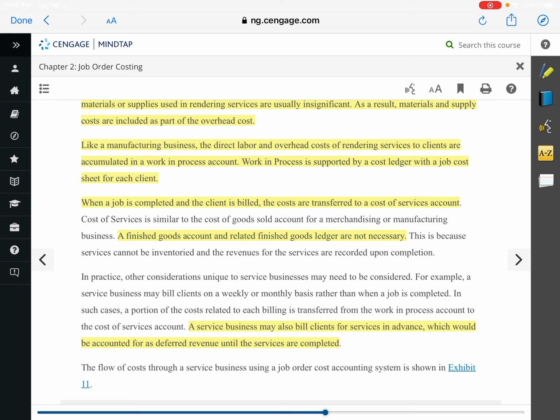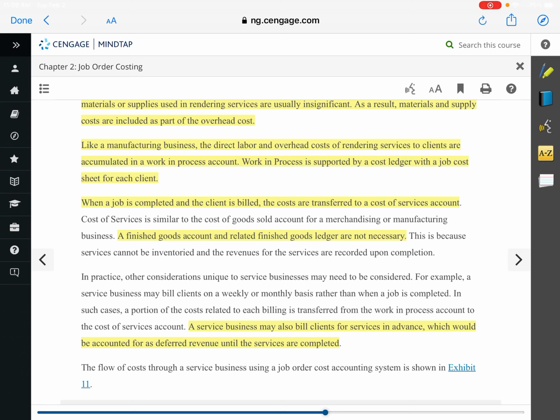All right. Now, in a service business where you use a job order costing system, you would not have finished goods. You wouldn't have a finished goods account. Why not? It's a job finish, huh?